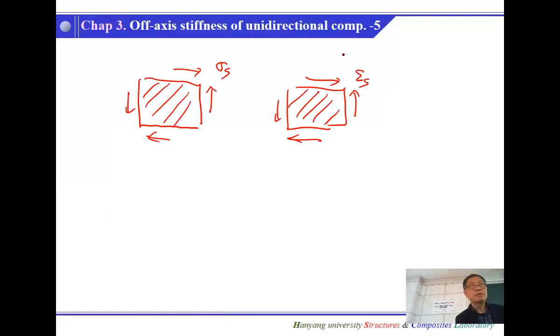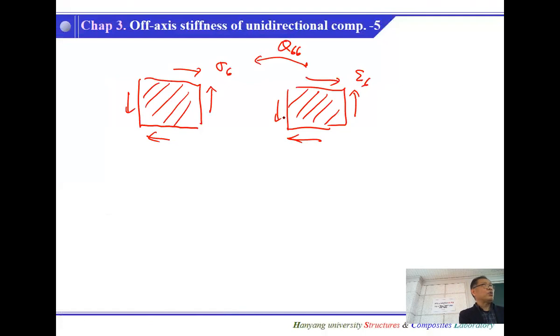I'm sorry, we need to call them sigma 6 and epsilon 6. Okay, so for sigma 6 and epsilon 6, the term relating them is the Q66.